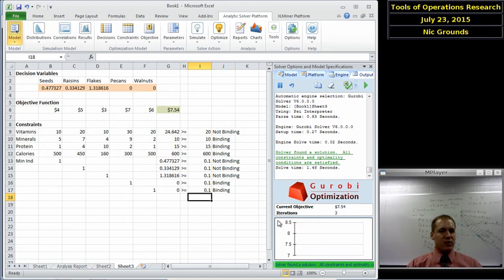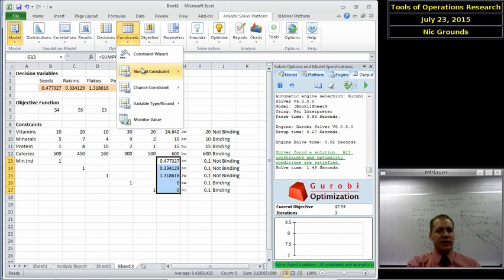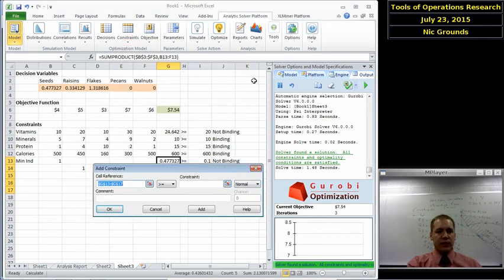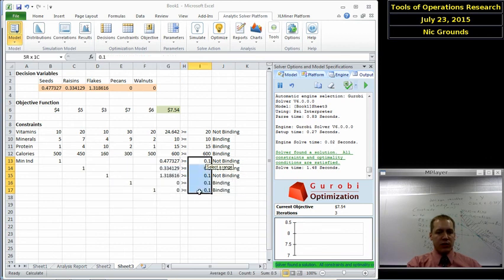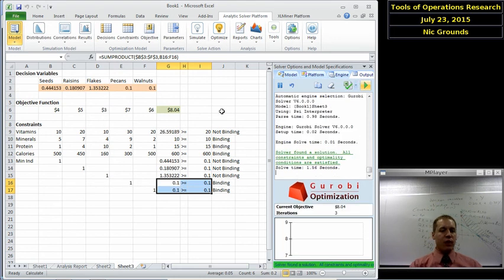Okay, that is, nobody wants a trail mix if it doesn't include a little bit of everything, and we don't want to include a minuscule amount of anything. We want at least a 1/10 of a pound of each thing. Okay, so those are 5 new constraints. I need to tell Analytics Solver Platform about them using the standard approach. Okay, and now with those 5 new constraints, obviously we're violating 2 of them right now. We need to re-optimize, find a new optimal strategy.